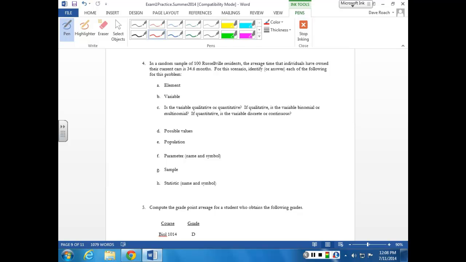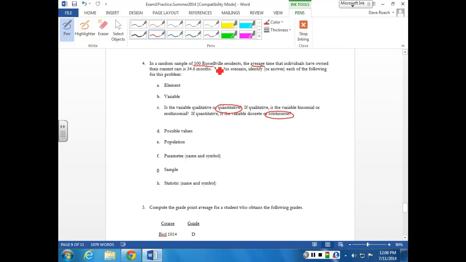Before we get going here, it has average, so we know it's going to be a quantitative variable. We're going to look at time. Time can have decimals to it. You're not just counting that kind of thing. So that's going to be a continuous variable. So I'm going to go ahead and say quantitative continuous.